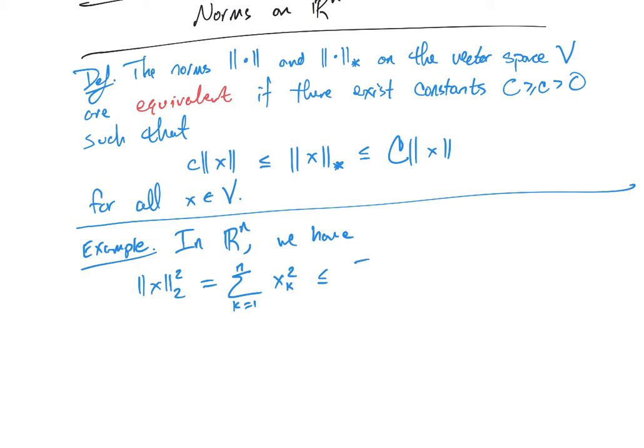So we have that inequality, and that is the same thing as the 1 norm squared.